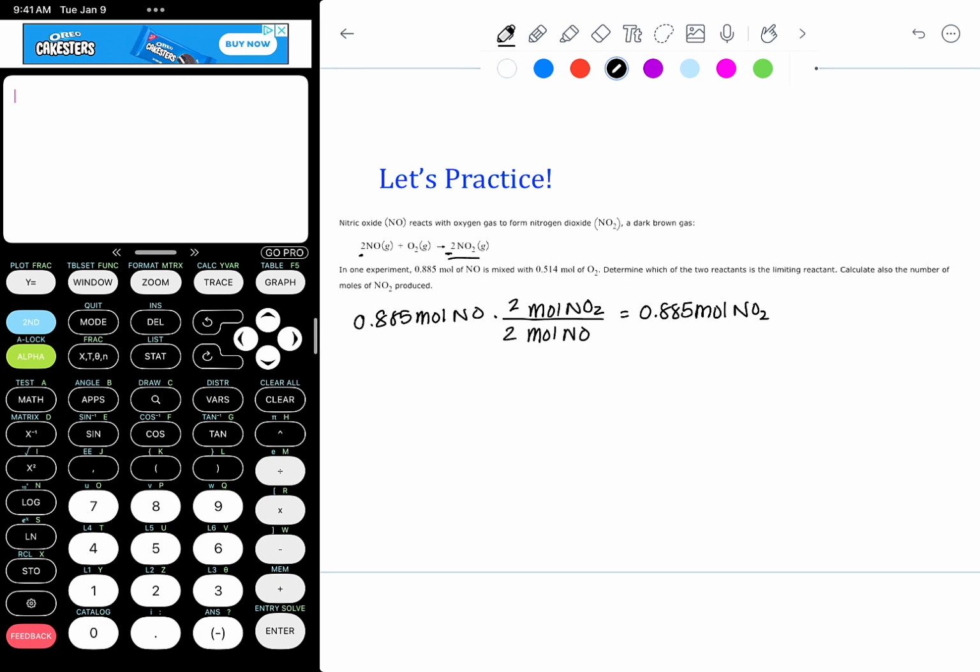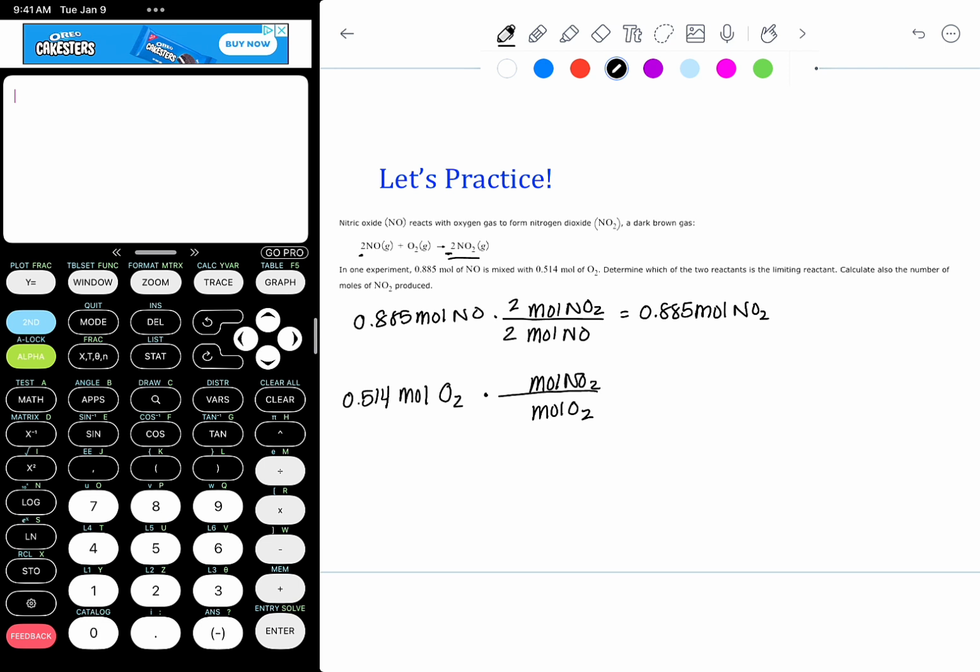We then go to our other reactant of O2, which starts off with 0.514 moles of O2, and we now use our ratio to convert that as well. So we put moles of NO2 on top, moles of O2 on the bottom so that it cancels.